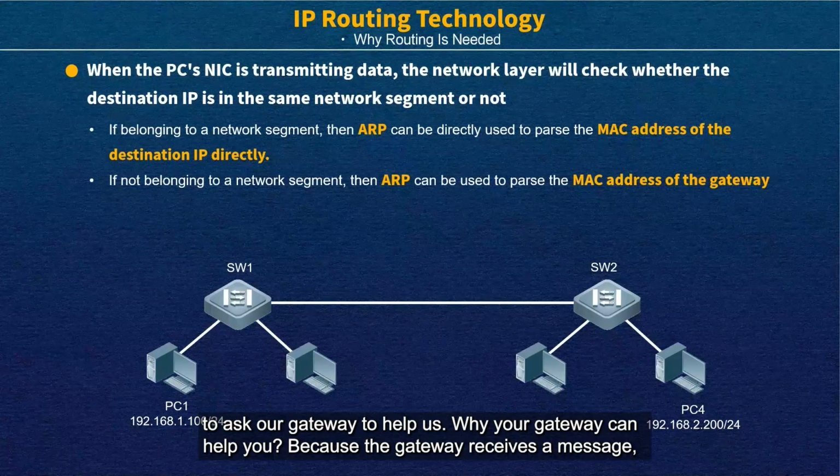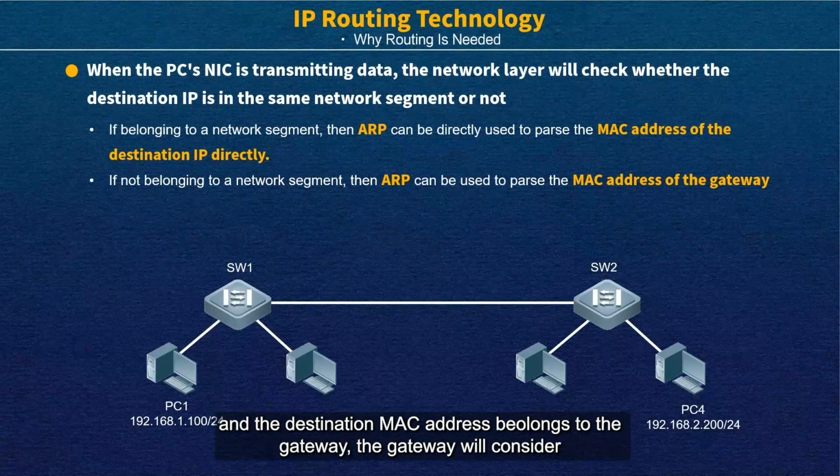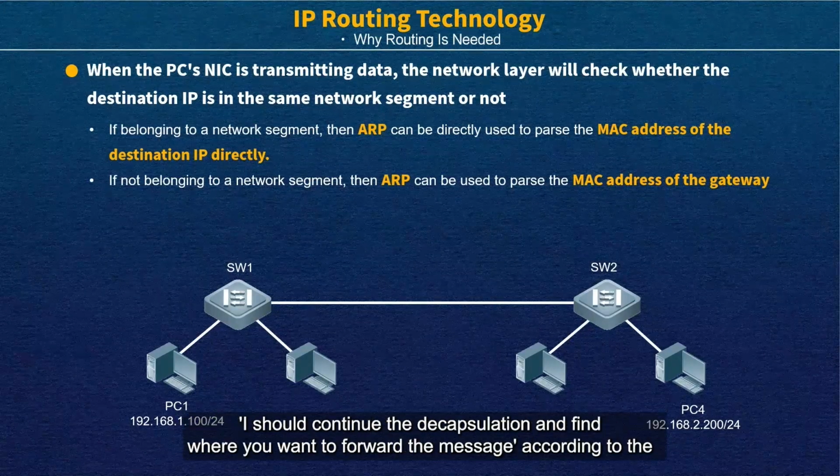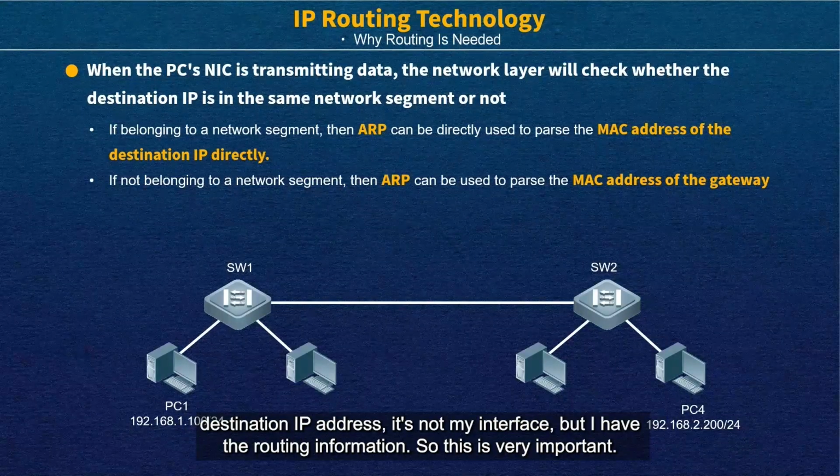Because when the gateway receives a message whose destination MAC address belongs to the gateway, the gateway will de-encapsulate it and continue, and find that you want to forward the message according to the destination IP address. The destination does not belong to my interface, but I have the routing information. So this is very important.